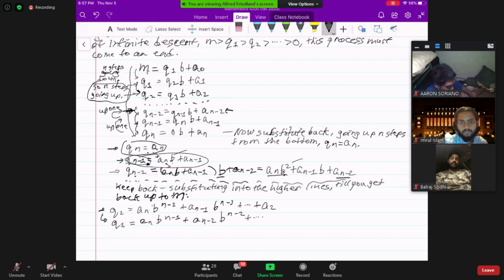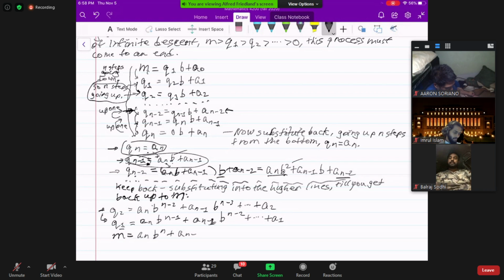The exponent on B keeps going down till you get to a constant whose subscript 1 is the same as the subscript over here. And finally, in the last step, we get back up to m, which again starts with A sub n. The exponent on B increases, B to the nth plus A sub n minus 1. This should be n minus 1 over here.